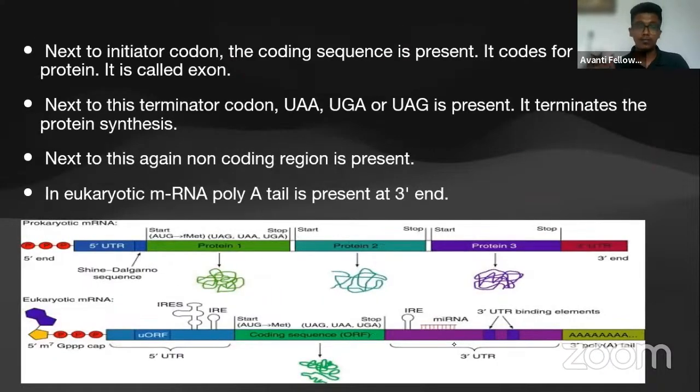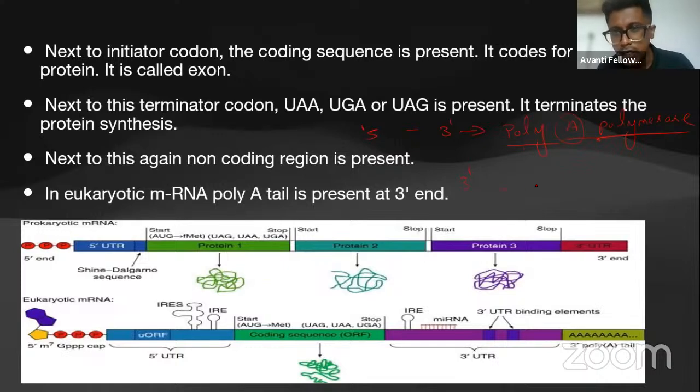Next one is tailing. What is tailing? You have the 5' end, and in the 5' end we have added a cap. And then we have a 3' end. In the 3' end, what happens is a poly A tail is added. A special enzyme called poly A polymerase, a special type of RNA polymerase, will come at the 3' end.